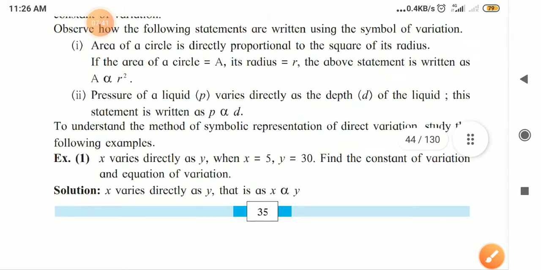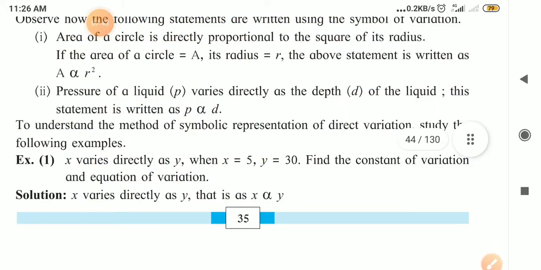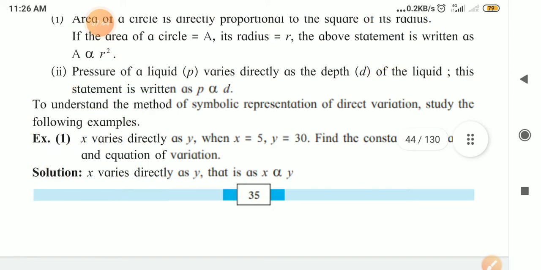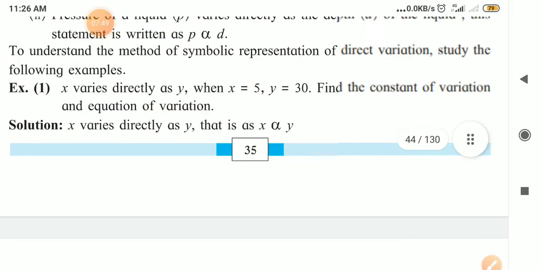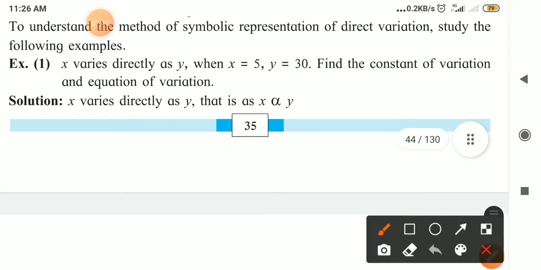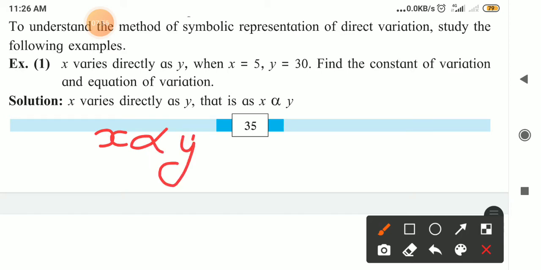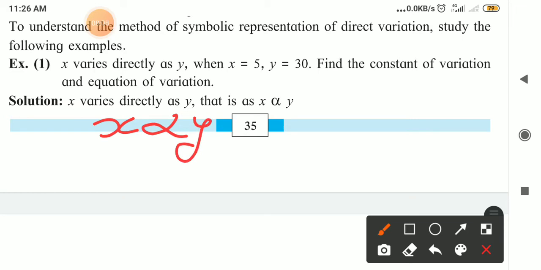To construct a method of symbolic representation of direct variation, study the following example. See here, x varies directly with y. X varies directly with y means x, this is the sign of direct variation, x is directly proportional to y.